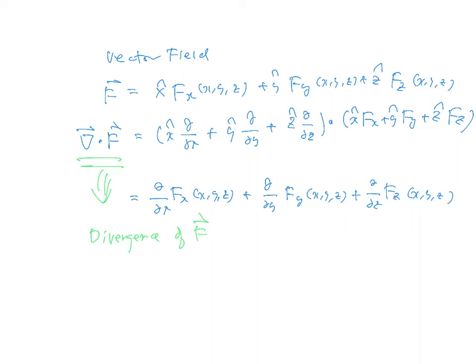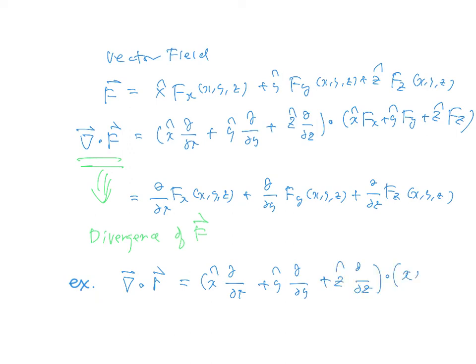For example, the divergence of r is partial x, partial y, partial z dotted with x, y, z.